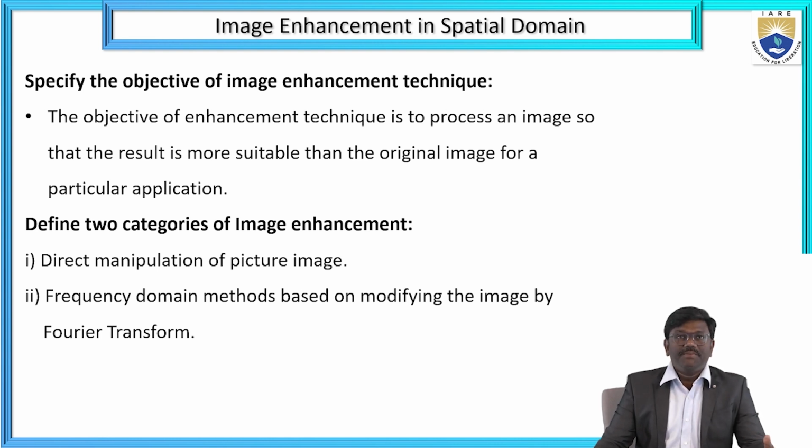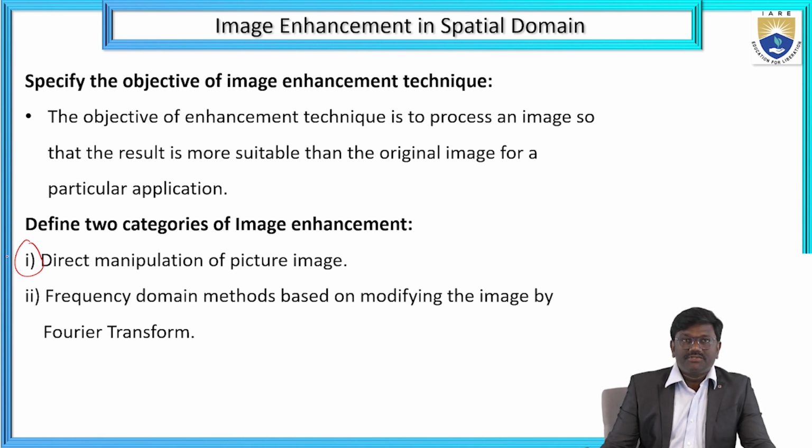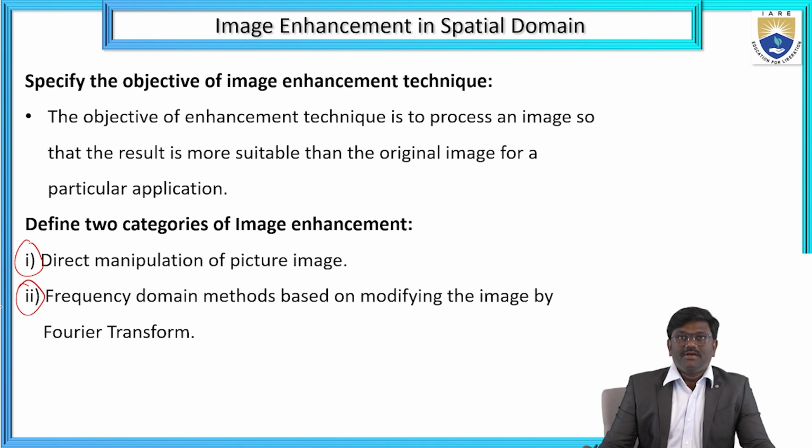We have two categories of image enhancement: number one, direct manipulation of the picture image; number two, frequency domain methods based on modifying the image by Fourier transformation. By using these two categories, we concentrate on image enhancement. That's what we have to understand today.